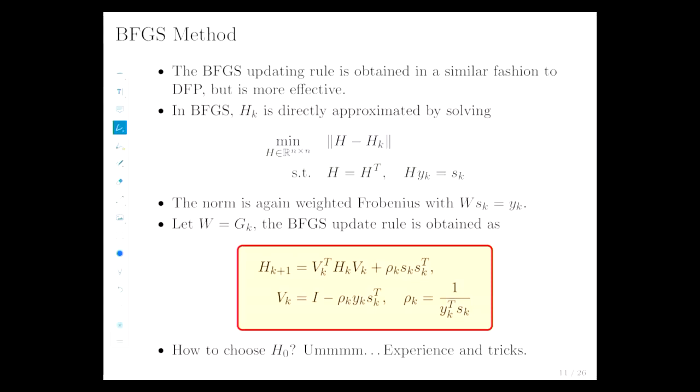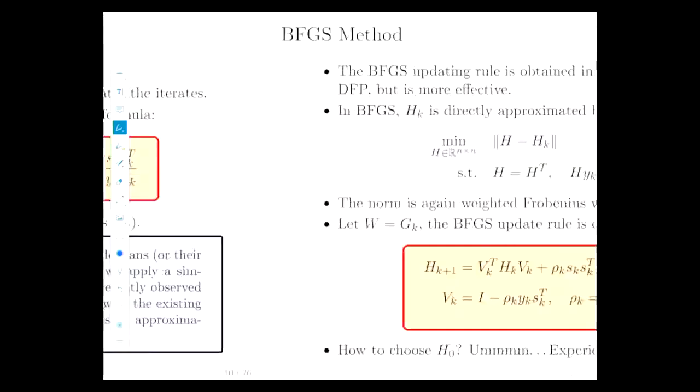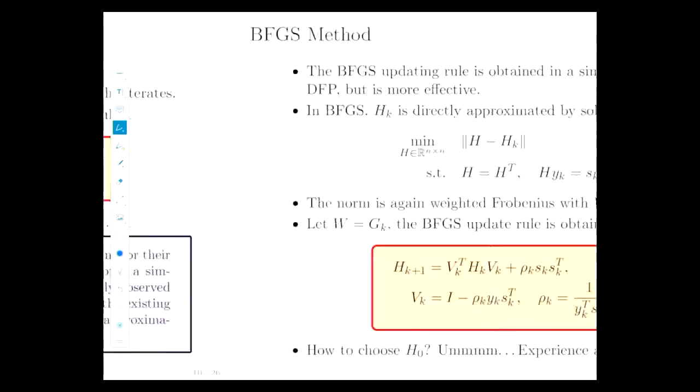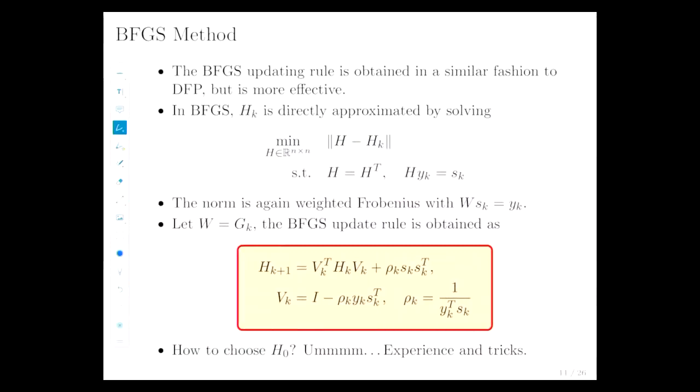So in H, the update is affine. Before, in H, the update was not affine. So it's nice. Anything that's affine is good. Do you know what I mean by affine? It's something that's linear plus some bias. That's an affine map.